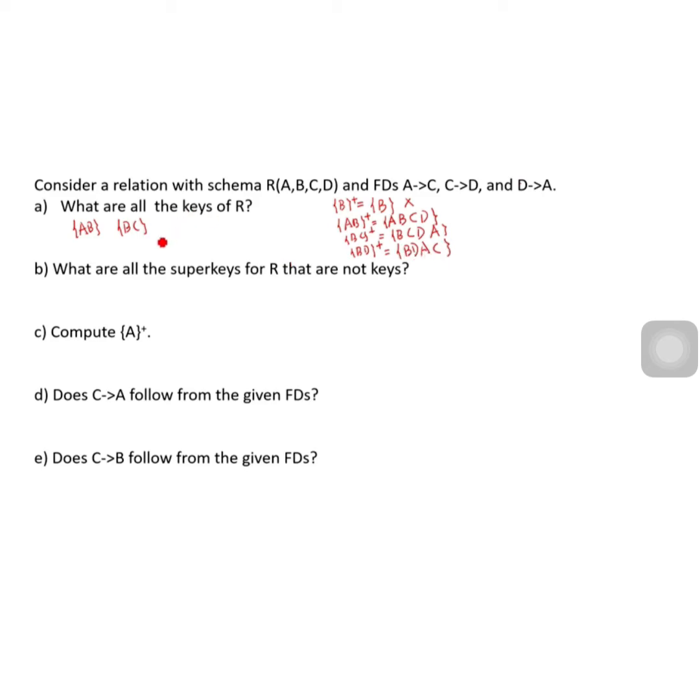So BD is also a key. Okay, now we already found the keys. And because AB, BC, BD are all the keys, so we needn't compute the closure with 3 attributes.